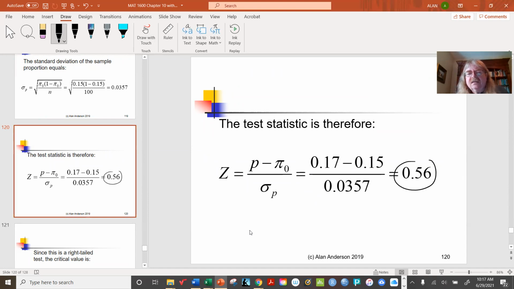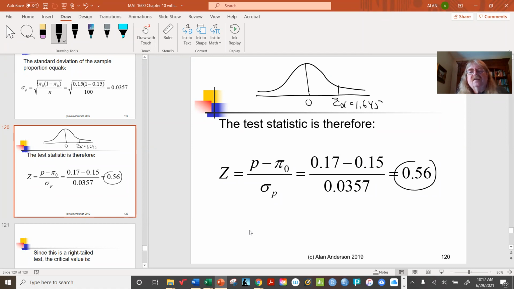And we've already seen that when we have a right-tail test with alpha of 0.05, Z alpha is 1.645. But our test statistic is way in here. It's really not even close to the rejection region.